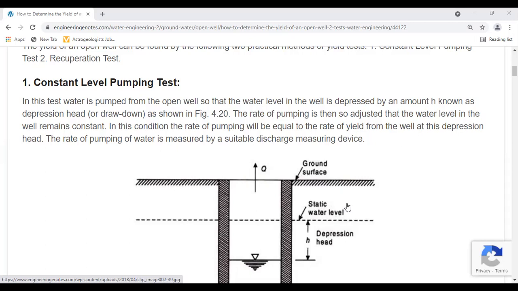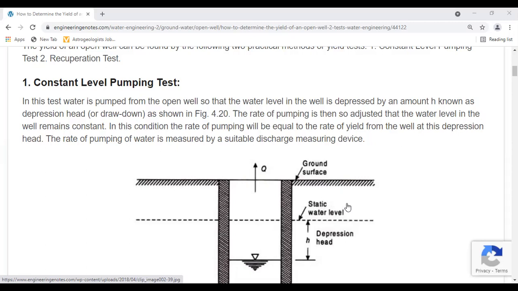Thus, Q is proportional to H, or Q is equal to K H, where Q is the rate of flow into the well, H is the depression head, and K is a constant reflecting the characteristics of the formation surrounding the well.